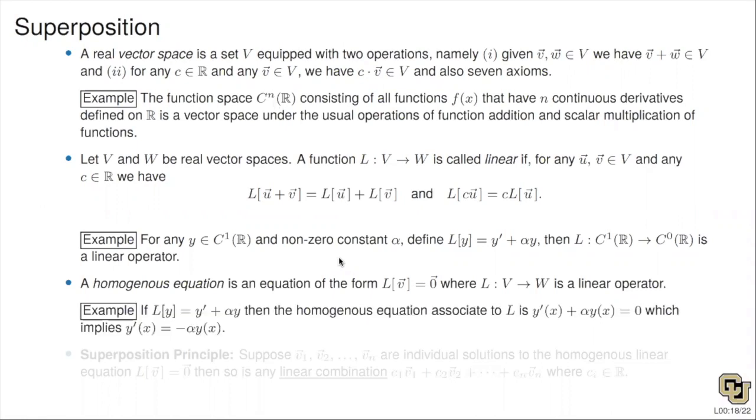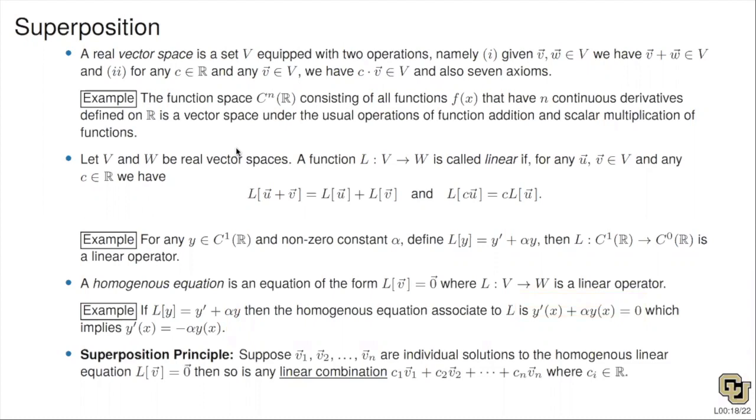For y prime plus alpha y, if you look at the homogeneous equation, we get back the ODE that we solved a few slides ago. So you can take an ODE and break it down into a homogeneous component and a component that's not homogeneous, and solve each separately. This shows you the connection between the ODE that we solved and linear operators, which is what's been happening in the background this whole time.